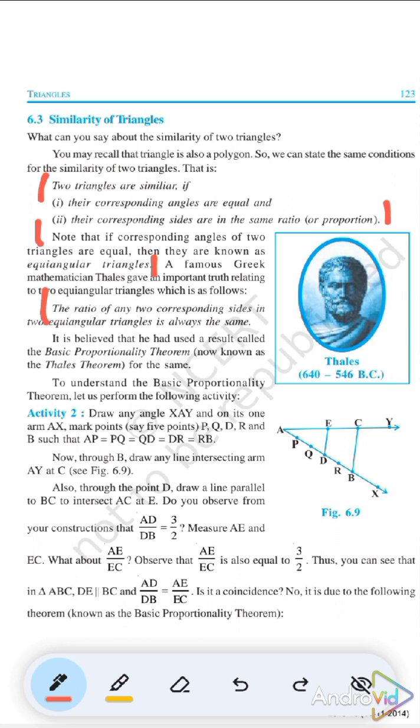This result is called the basic proportionality theorem, also known as Thales theorem, because he is the founder of this theorem. This theorem is extensively used nowadays, and it is a very important theorem from the examination point of view.